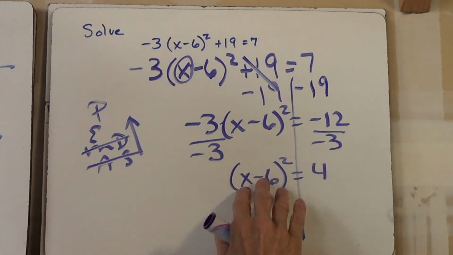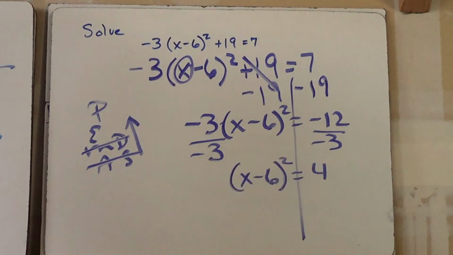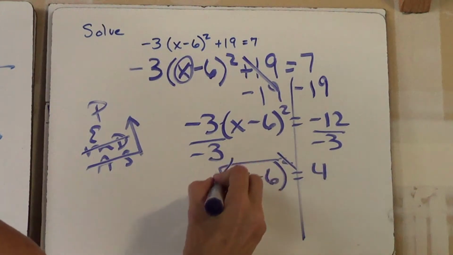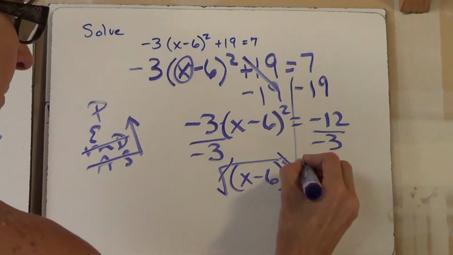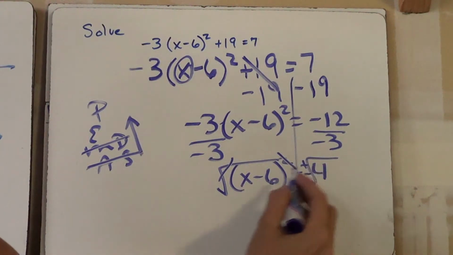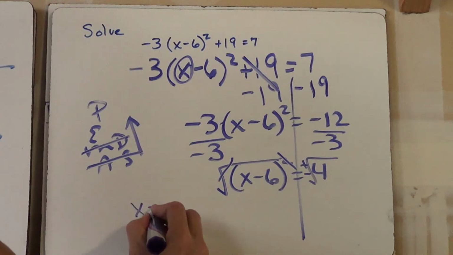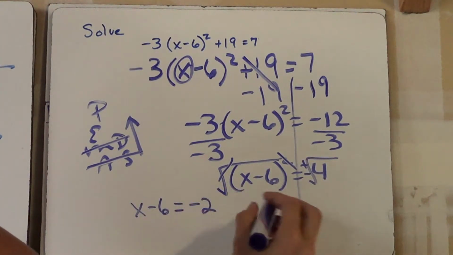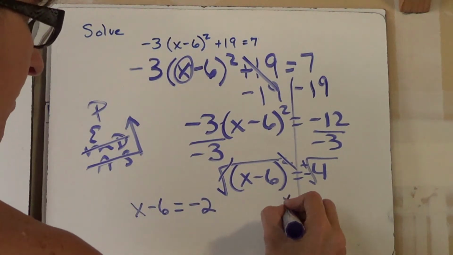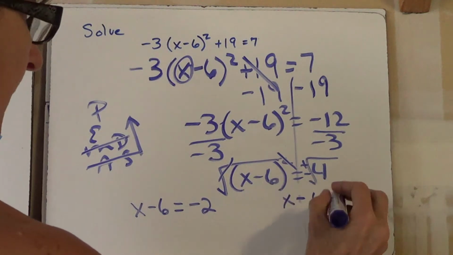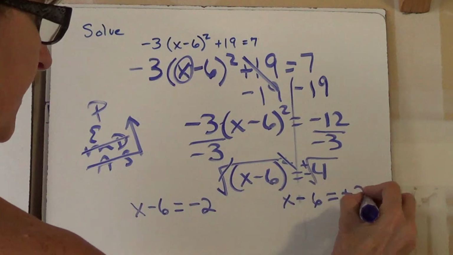Now, before you can go inside the parentheses, you've got to take care of that square. So take the square root of it to cancel that. This side would be plus or minus square root. So at this point, we need to separate because x minus 6 equals a negative 2, or x minus 6 equals a positive 2.